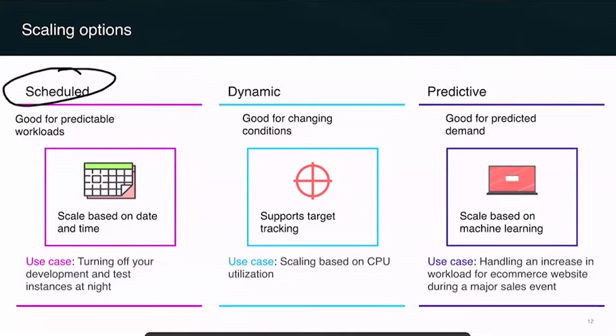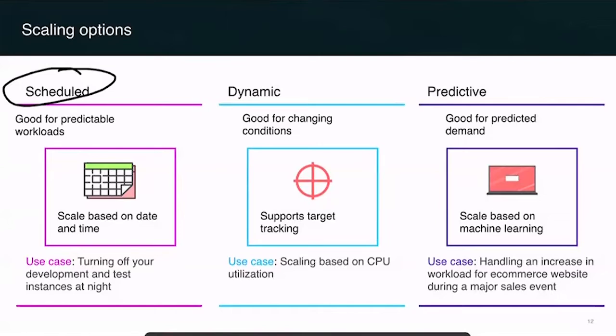You could simply say, I want to have 4 EC2 instances every Monday morning at 9 a.m., and I want to scale them down every Monday evening at 5 p.m. You could also scale your infrastructure on a specific date. Maybe you don't need those EC2 instances every week, and might just need them 3 days out of 7 in a week.